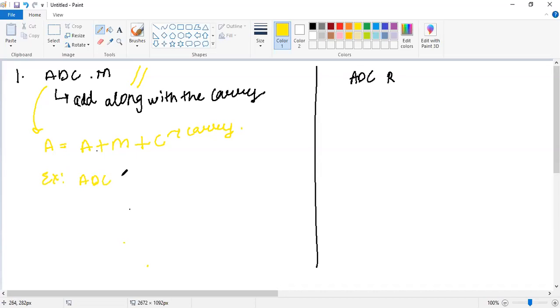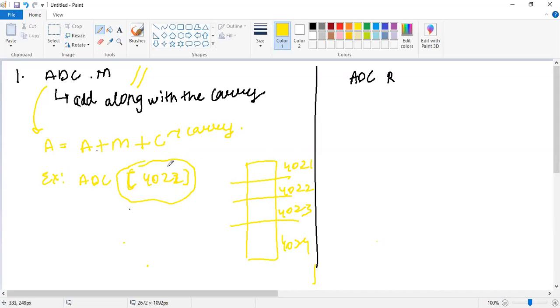For example, if I write it in this way, I hope someone can answer. As of now I have written an address here, not data directly, so this will come under direct addressing mode.